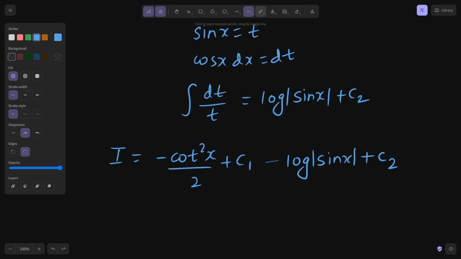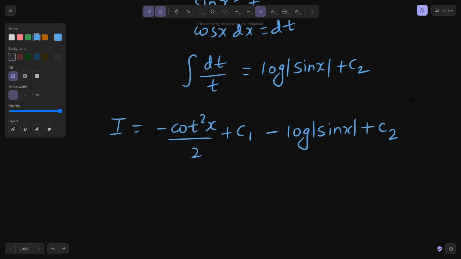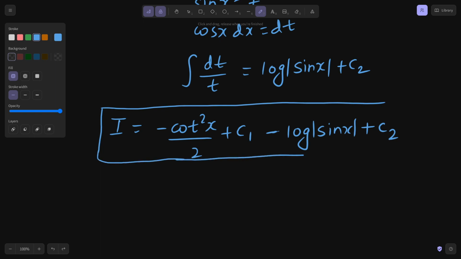Fine. So this minus sign gives you the complete integral I, which was nothing but integral of cot cube x, and that is nothing but, okay, you can do some more adjustment because c1 and c2 are both constants.